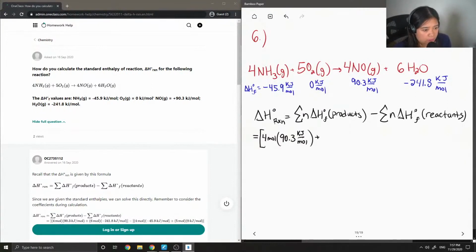Then water is also a product, so I'm going to add 6 moles times negative 241.8 kilojoules per mole. So these are all of our products, and then I'm going to minus the sum of the delta H of formation for all of our reactants. So our reactants is the 4 moles of the NH3. So its value is negative 45.9 kilojoules per mole.